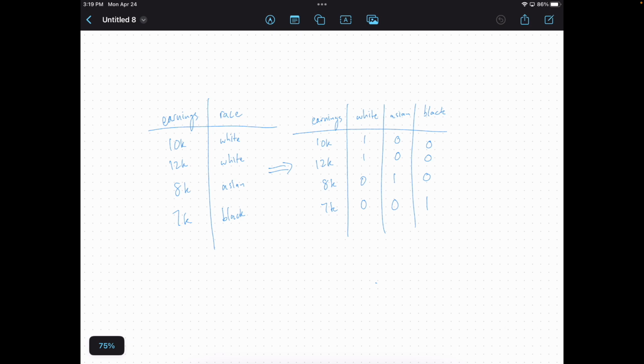So actually the way that you would recategorize this is that you would have a white column and an other column, and then you'd have ones anytime white isn't 1. And there are pretty simple ways to do that in R.